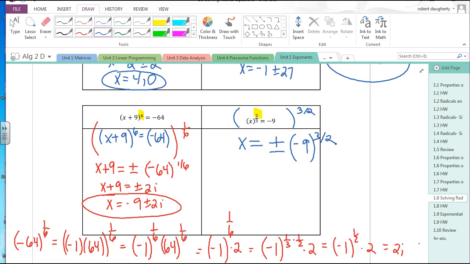So x equals plus or minus 3i cubed. What is 3 cubed? 27. So x equals plus or minus 27. What is i cubed? Negative i.